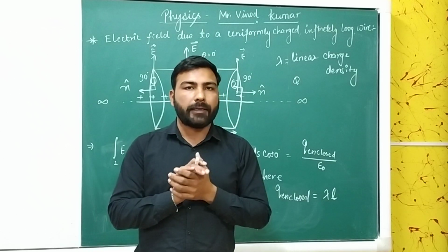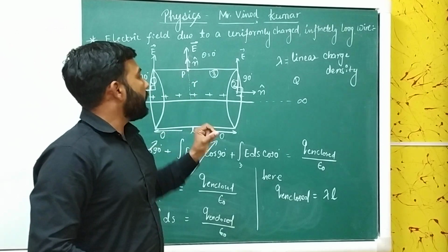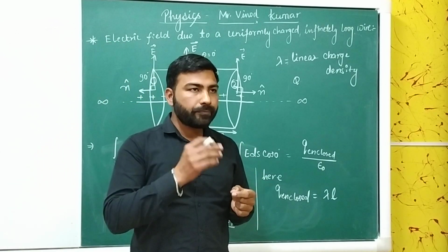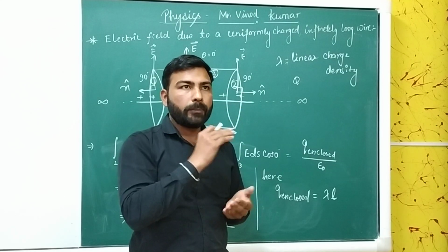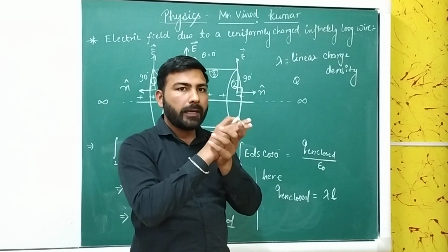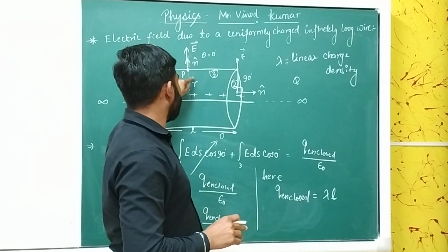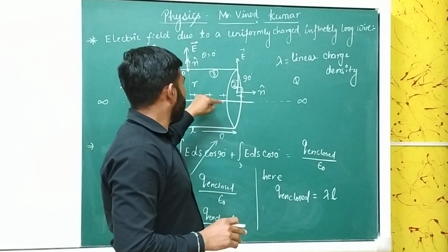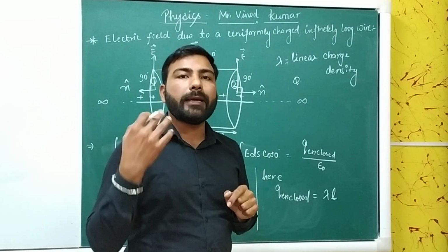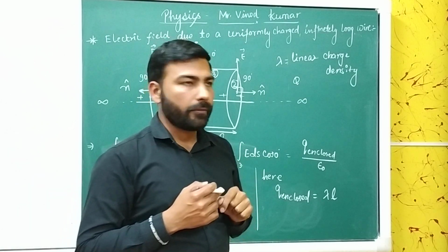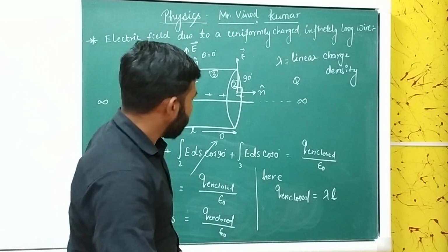Why do we call it infinitely long? The distance r which we are taking should be very small with respect to the length of the wire. So the point of interest, r, is very small as compared to the length of the wire, and the length of the wire can be taken as infinite. Fine. So Q enclosed we have found here.